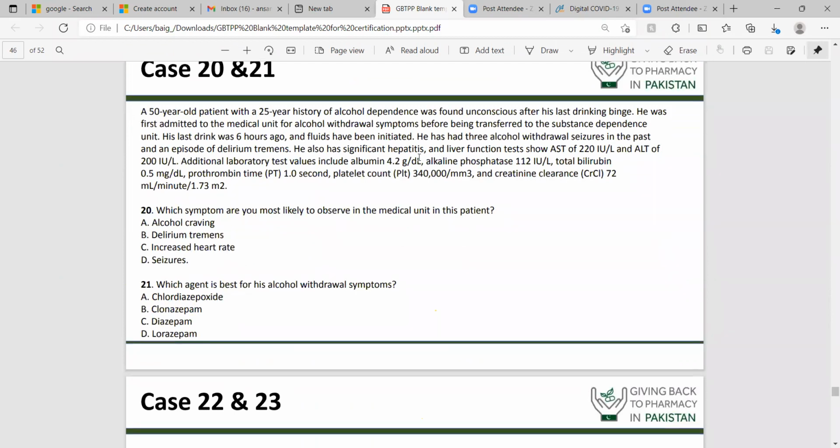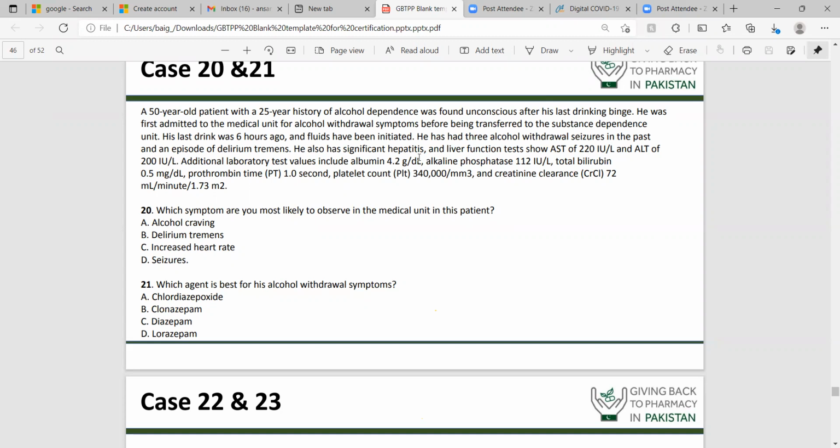Next question is, which agent is best for his alcohol withdrawal symptoms? Options are Librium, clonazepam, diazepam, and lorazepam. And the best option is lorazepam, because if you can see, this patient's AST and ALT are elevated. So it means that something is going on in the liver.